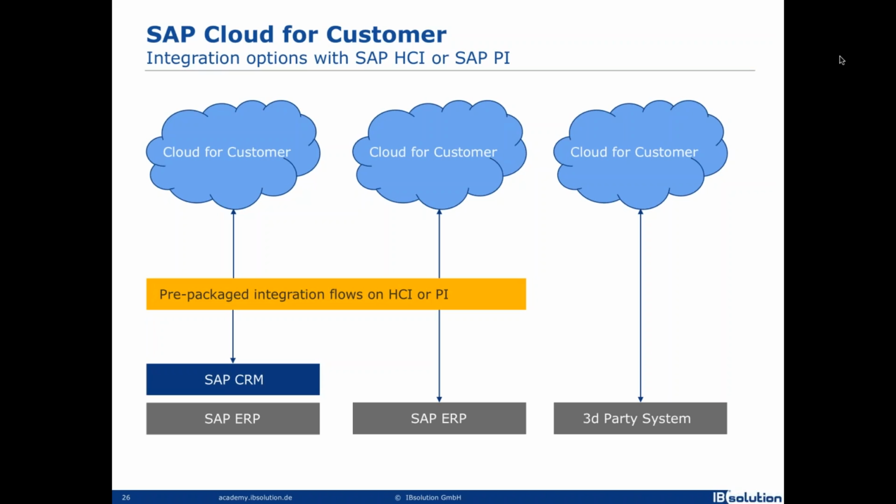Basically, for each and every integration scenario, you have a separate iFlow or prepackaged integration package, which you can deploy on top of HANA Cloud Integration Platform, HCI, or SAP PI, which is the on-premise integration platform.